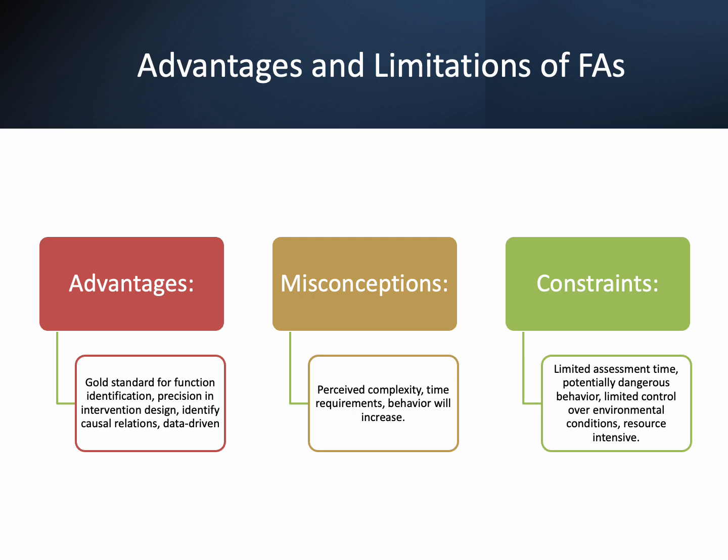The other constraint, I wouldn't say it's necessarily a constraint, because there are different variations of functional analyses that account for the severity of problem behavior. We have, as I mentioned, the precursor FA or the latency FA that we can conduct for behaviors that are more severe, so that we're minimizing the exposure of a participant or a client to engage in problem behavior. And then the other problem is sometimes we don't have a very controlled environment to conduct an FA.